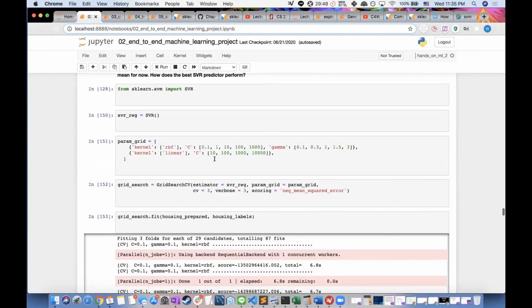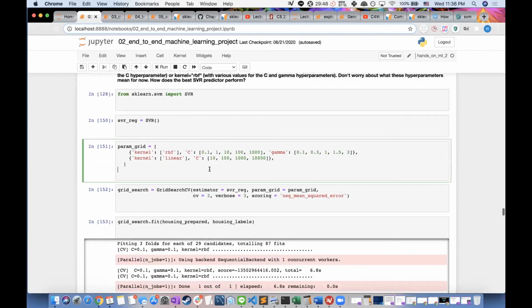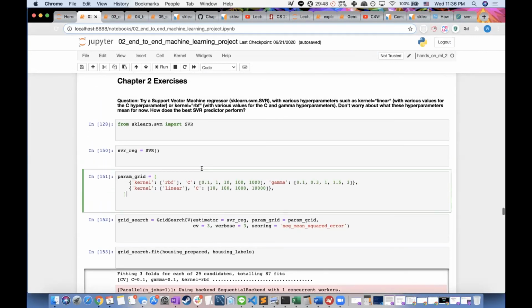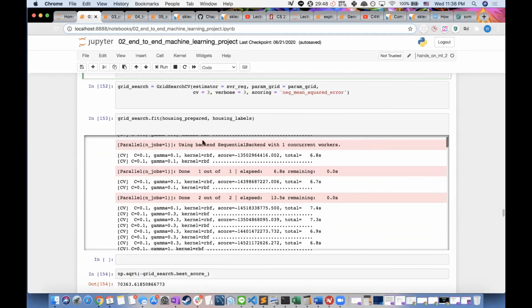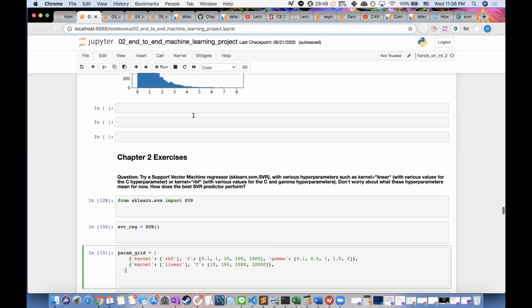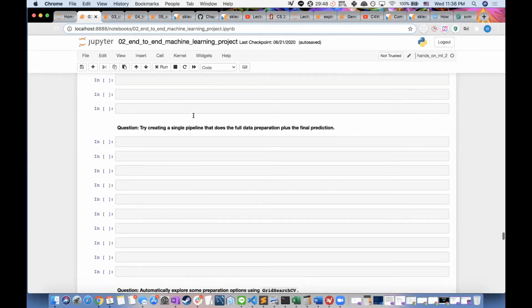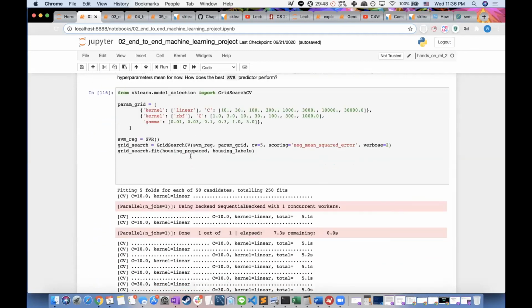Right here. So you can search C and gamma. Let me just go through the solutions actually. Yeah, so you can search kernels.